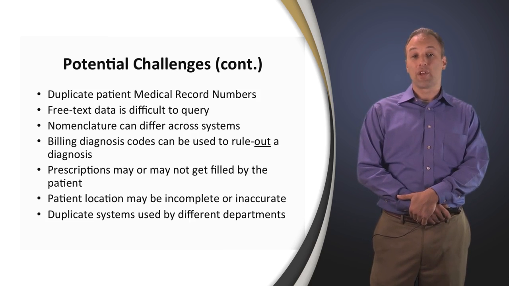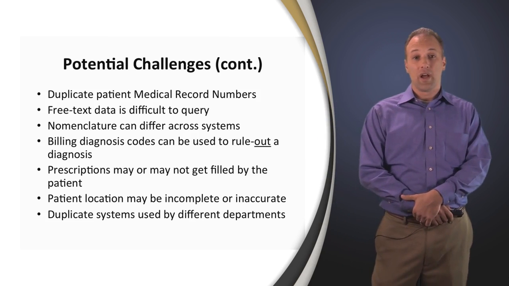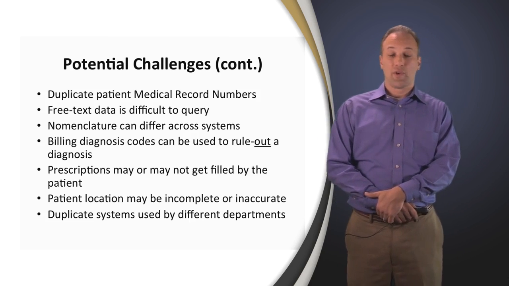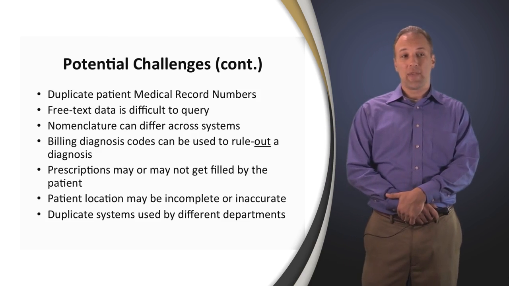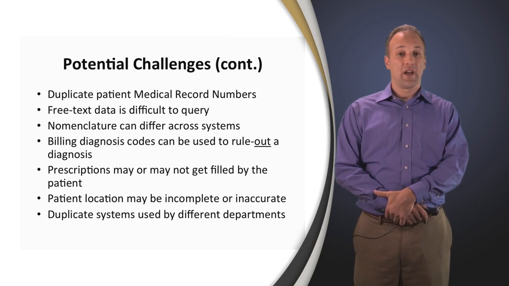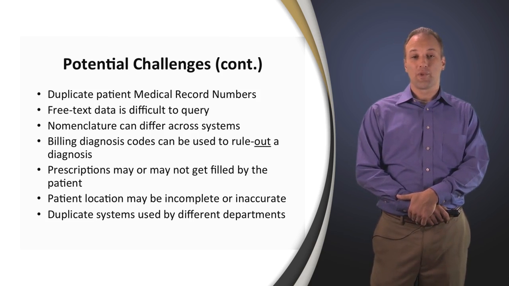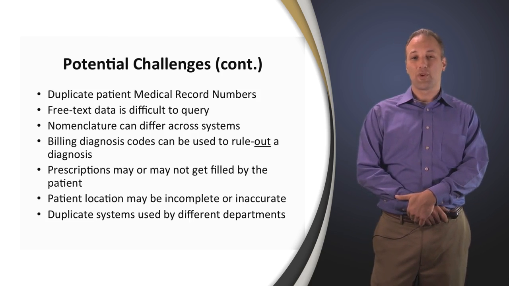And finally, there can be duplicate systems used by different departments. For example, the adult versus pediatric areas of a hospital may have different systems to track cardiology procedures and imaging and that sort of thing.